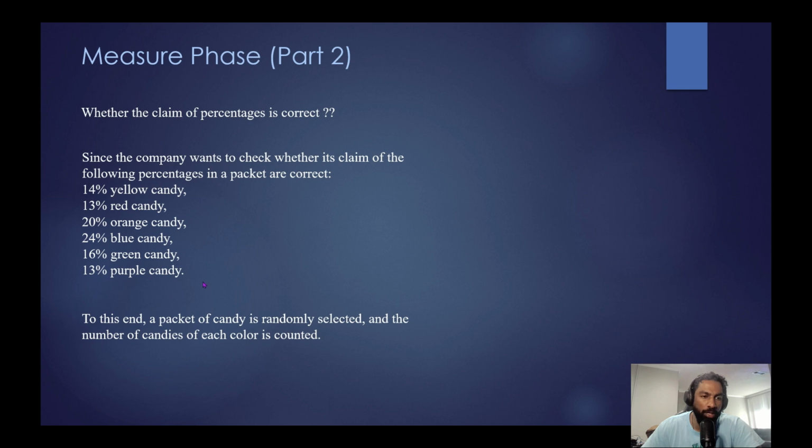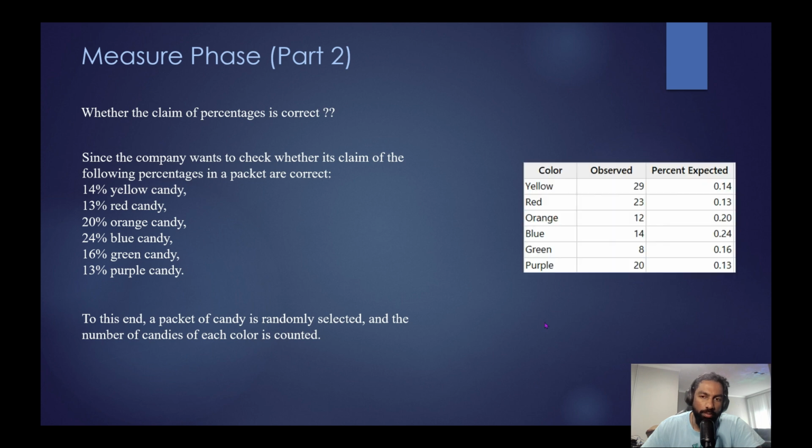To help do these measurements, what they did is basically take a packet of candies randomly from the inventory, measure the number of candies of each color and write down the count. Here's the result that they got.